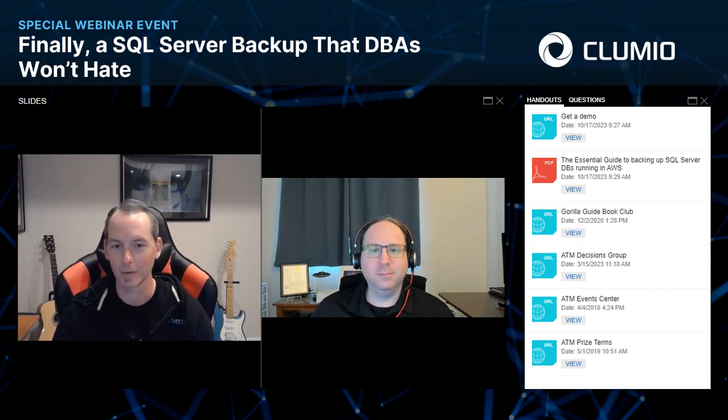You don't have to configure anything additionally. The only caveat with our solution would be, especially for AAG, if you want us to back up from the secondary, we need to see both the primary and the secondary. So you have to have both of them configured in order to do the backups, and then we'll manage the automation between them.